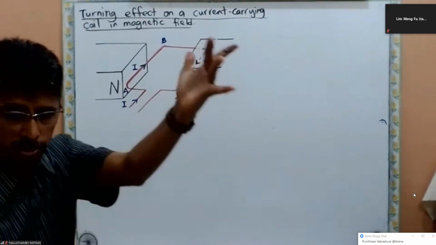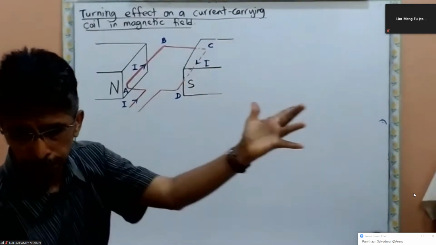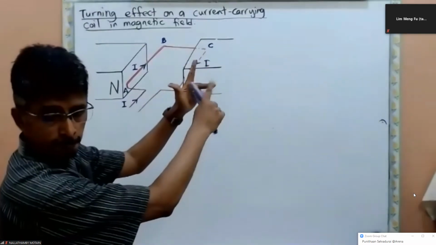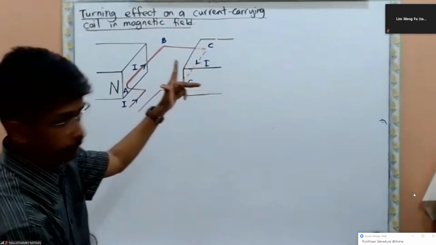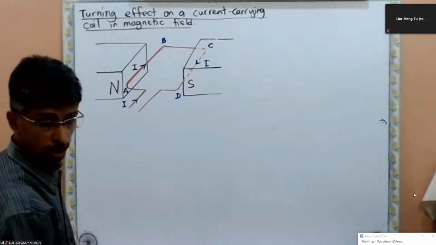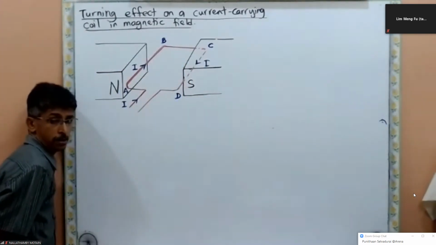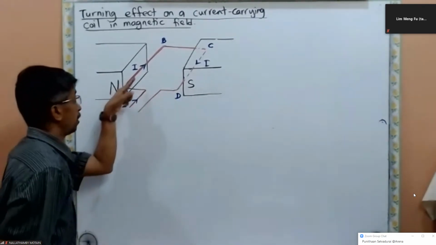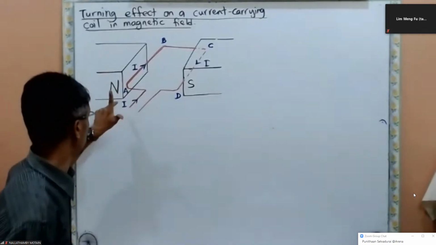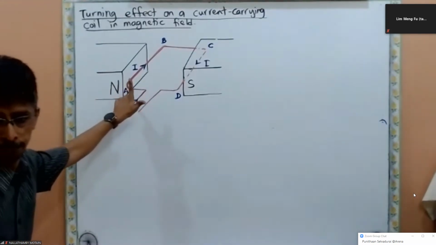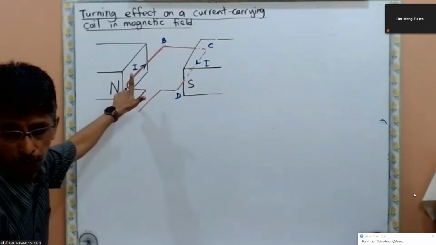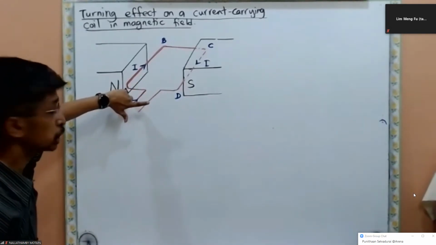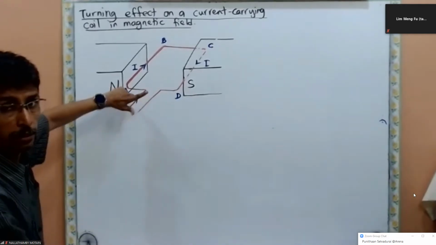Please check using Fleming's left hand rule. Left hand, you're observing this diagram from the front. Current on the left hand side is in. So we place the fingers in, north to south. Where is the thumb? It points downward.